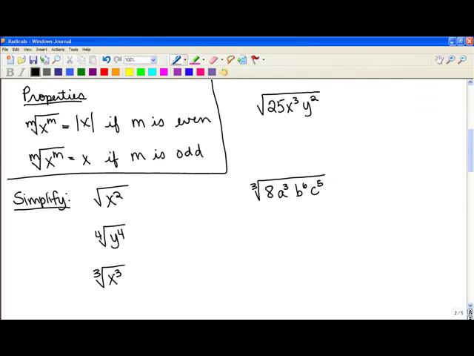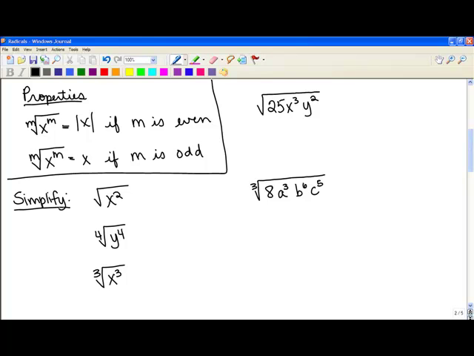The first property says if the index of our root, which is m here, is the same as the power of a variable or a number, then that equals the absolute value of x if m is even. It just equals x if m is odd. We don't have to worry about the absolute value if we have an odd root.